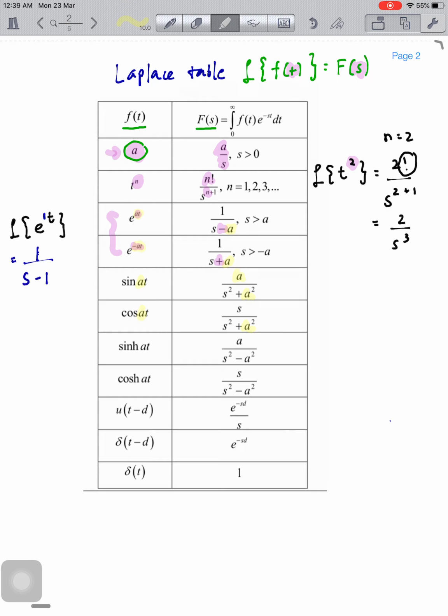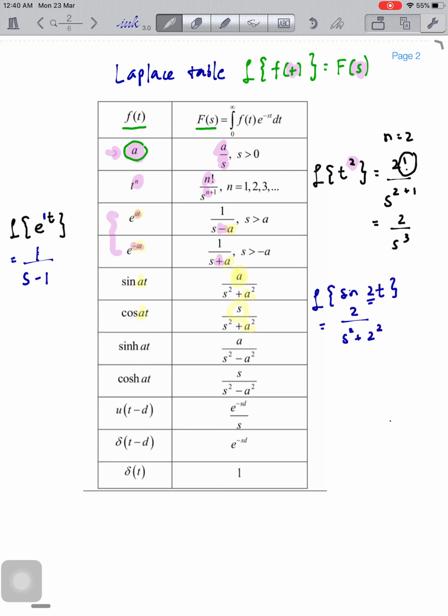For sine you have a at the top, and for cos you have s at the top, right? That is just the difference between those two. For example, let's say I have the Laplace of sine 2t. Now my a value is going to equal 2. Therefore, I'm going to end up with 2 over s squared plus 2 squared. So that will be the Laplace transform.